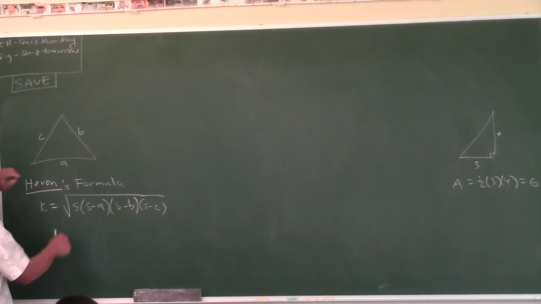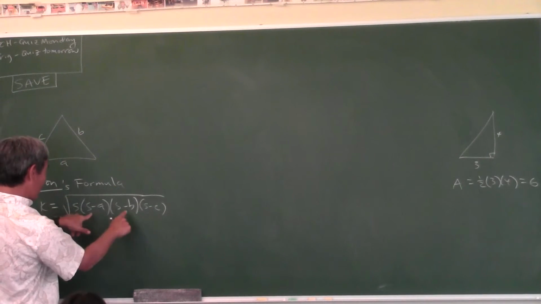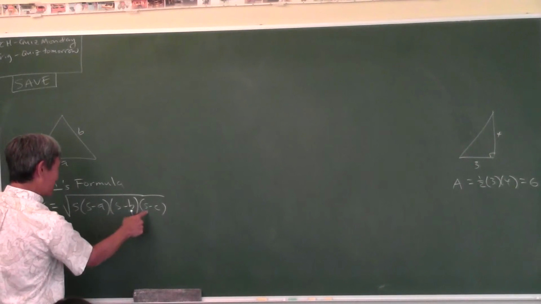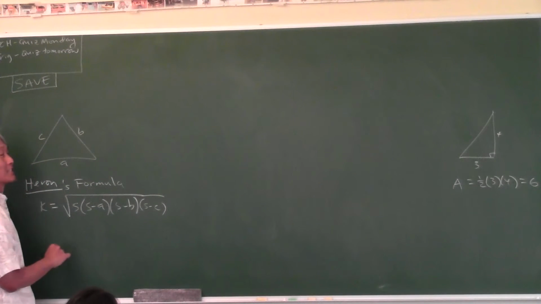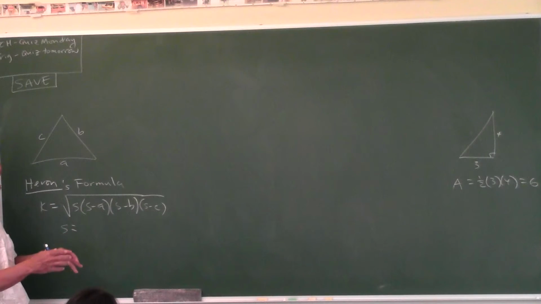Okay, a, b, and c are the sides of the triangle, but Mr. Park, what is this s business? It's the semi-perimeter of the triangle. s stands for semi-perimeter.